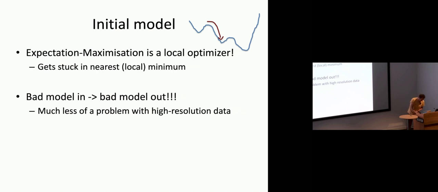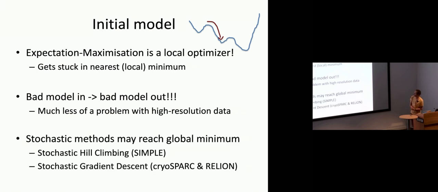And it was Hans Elmlund who introduced stochastic hill climbing as the first kind of introducing stochasticity, randomness in this optimization algorithm, to be able to escape this local minimum that is the blue ball structure. And then stochastic gradient descent, first introduced by Ali Punjani in CryoSparc, was a big advance forward.